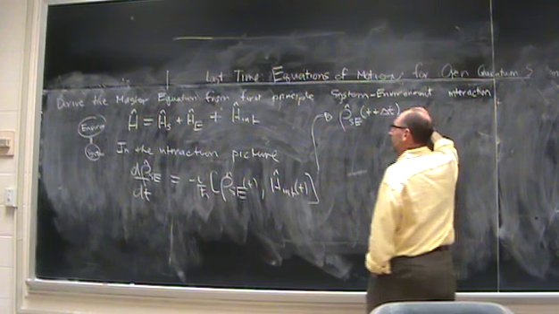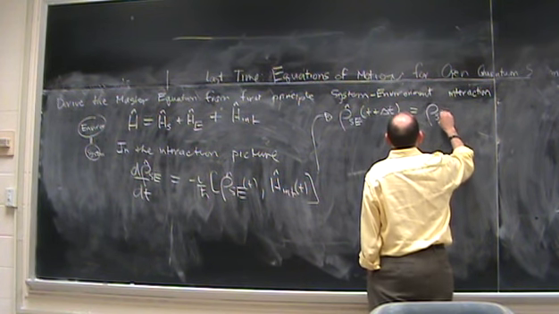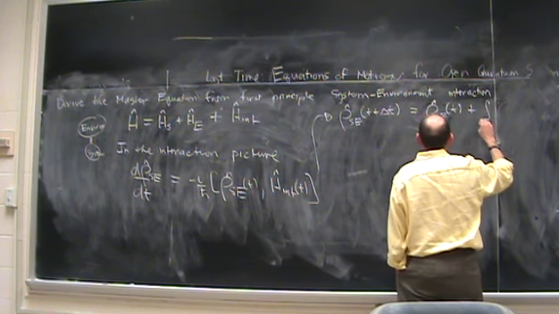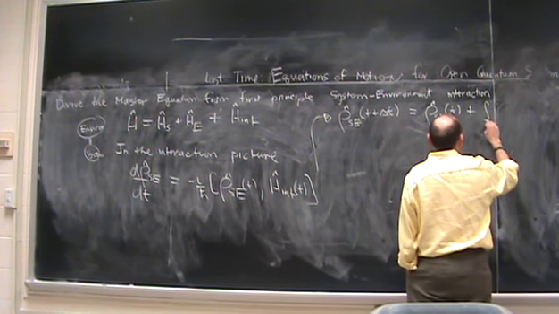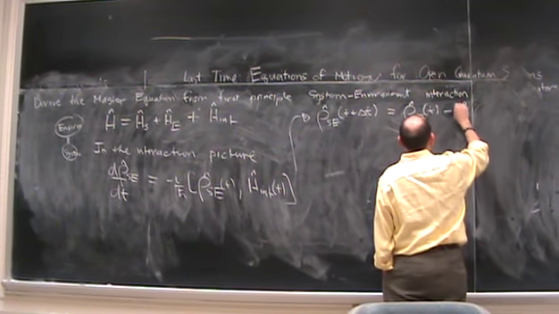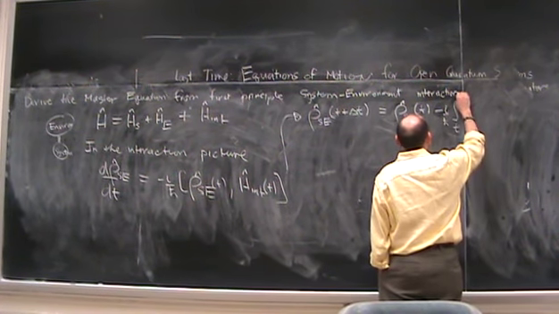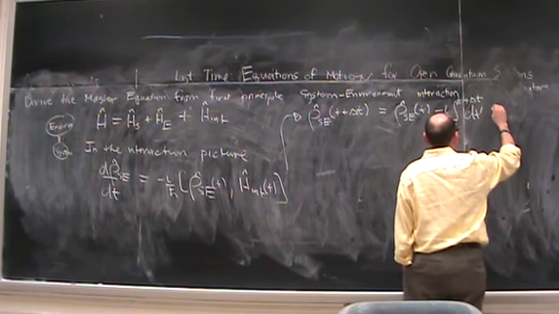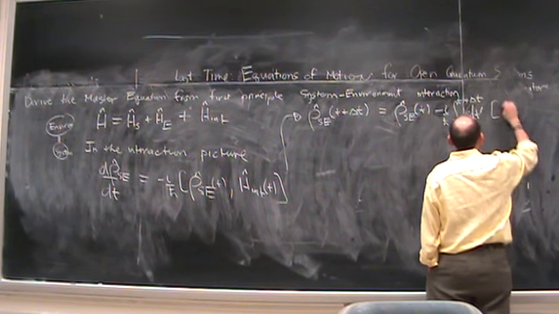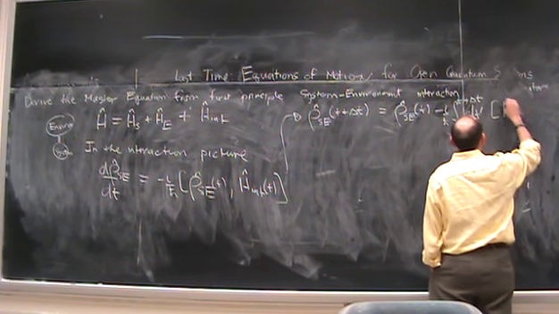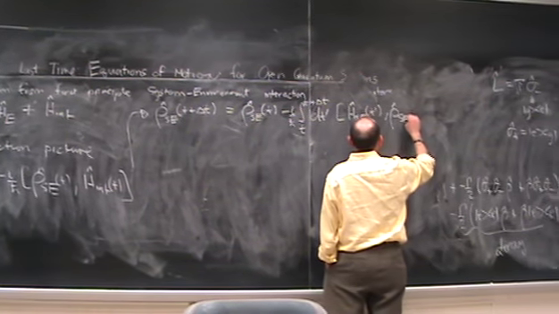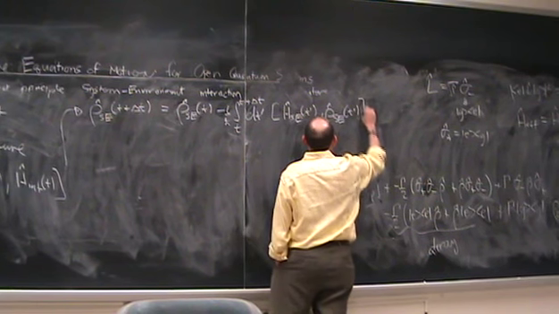So that's equal to that plus minus i over h bar, integral from t to t plus dt, over times dt prime, of that.